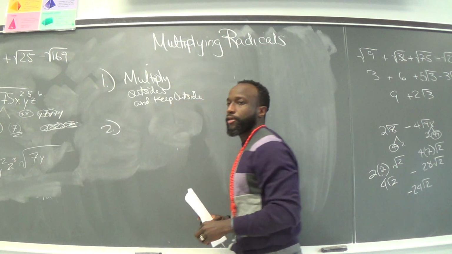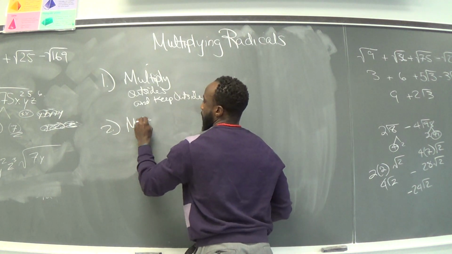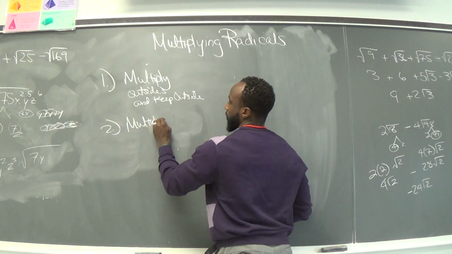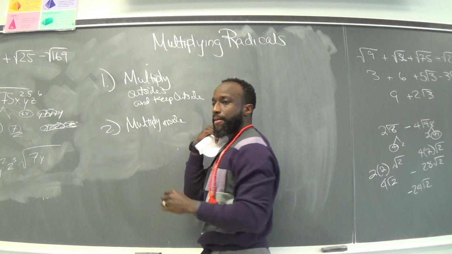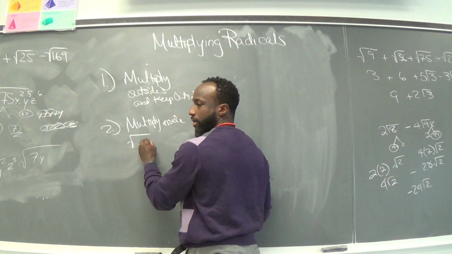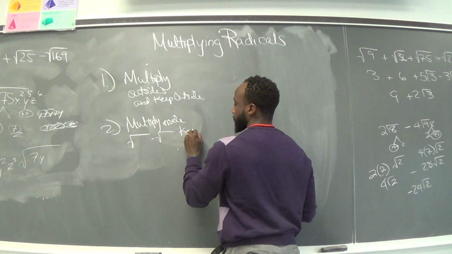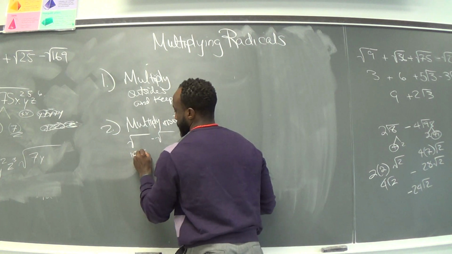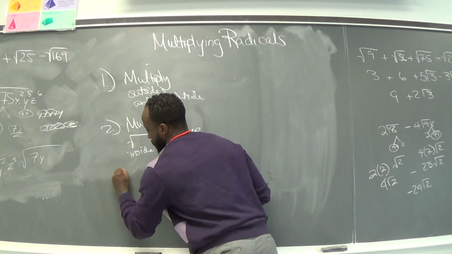Then the next thing you want to do is multiply the inside numbers, meaning the numbers inside of the radical, and you keep them inside. Then after that, you just simplify.